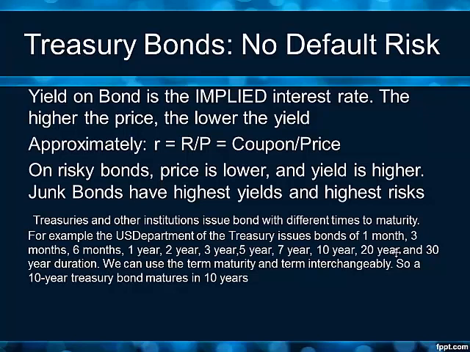This is for risk-free bonds. If you have a risky bond, then the price will be lower and the yield will be higher. There are things which are called junk bonds, which have very high risks.